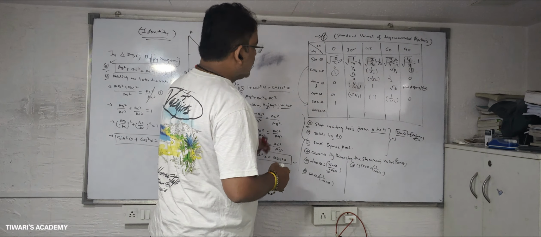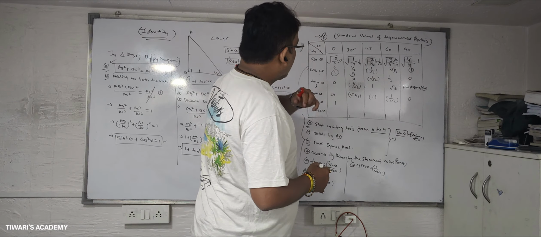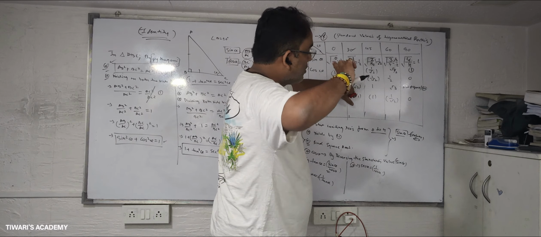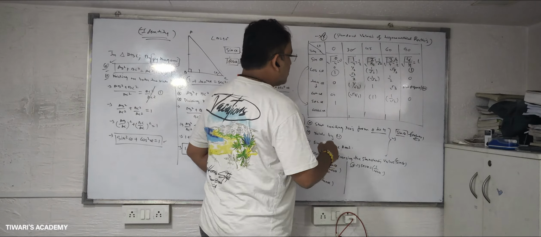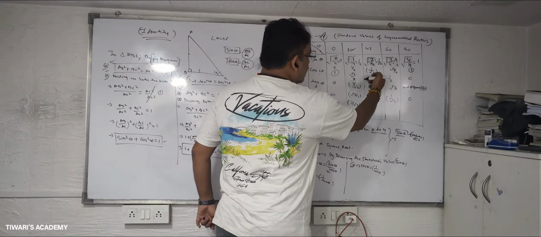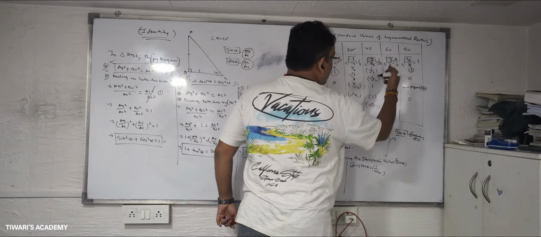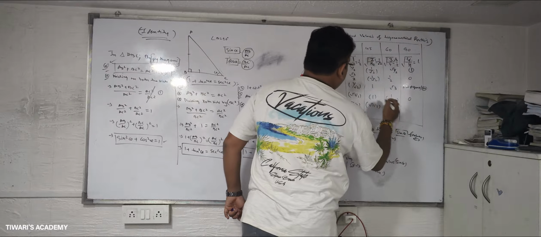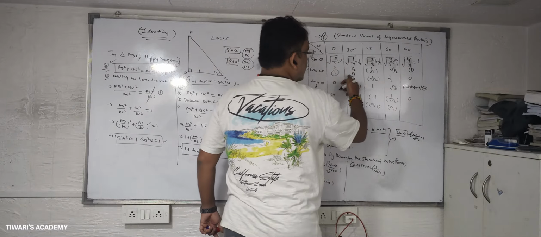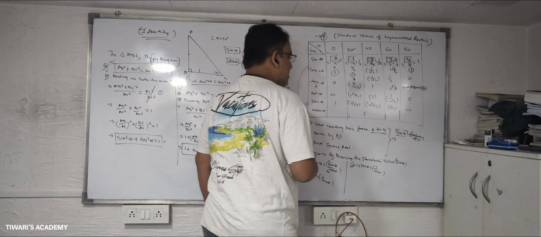Sec 30 will be 1 upon cos 30, which is 1 upon root 3 upon 2, so reciprocal, this becomes 2 upon root 3. Cos 45 was 1 upon root 2, so sec 45 becomes root 2 upon 1. Cos 60 is 1 upon 2, so sec 60 becomes 2 upon 1. And cos 90 is 0, so sec 90 becomes infinite, not defined.